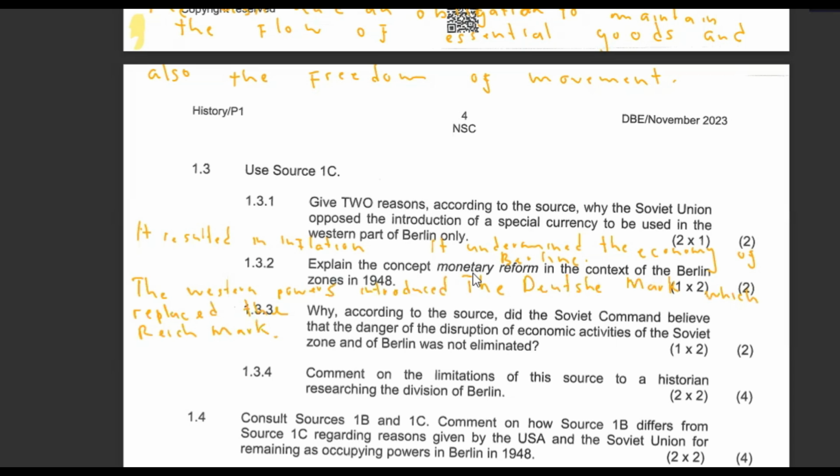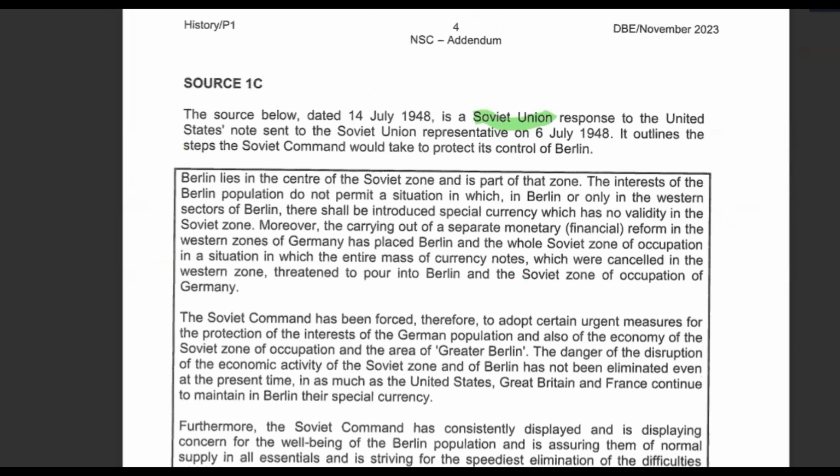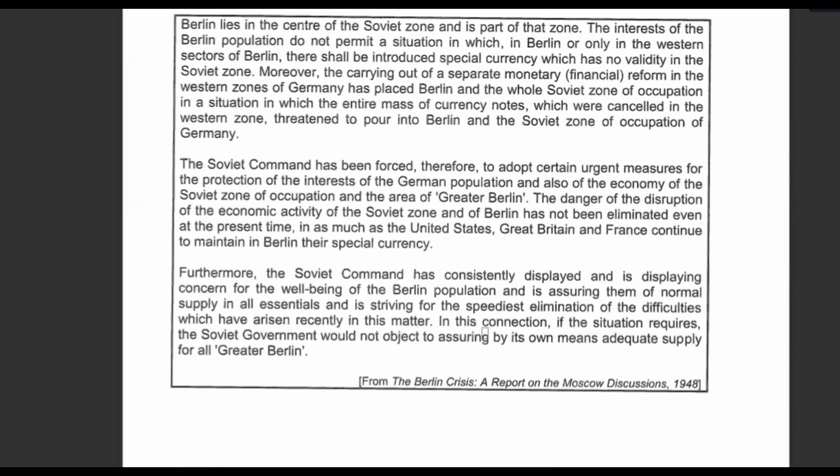Then let's move on to the next question, 1.3.3. Why, according to the source, did the Soviet command believe that the danger of disruption of economic activities of the Soviet zone and of Berlin was not eliminated? Such a type of question would want you to refer to the source.